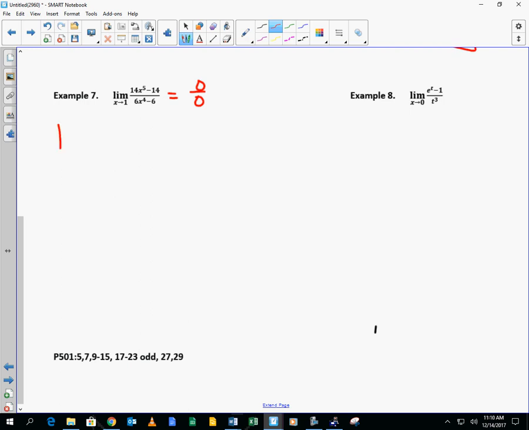We take the derivative of the top, 70x to the 6th over 24x cubed. Now let's plug in 1. What do you get? Which is 35 over 12? You're not dumb.